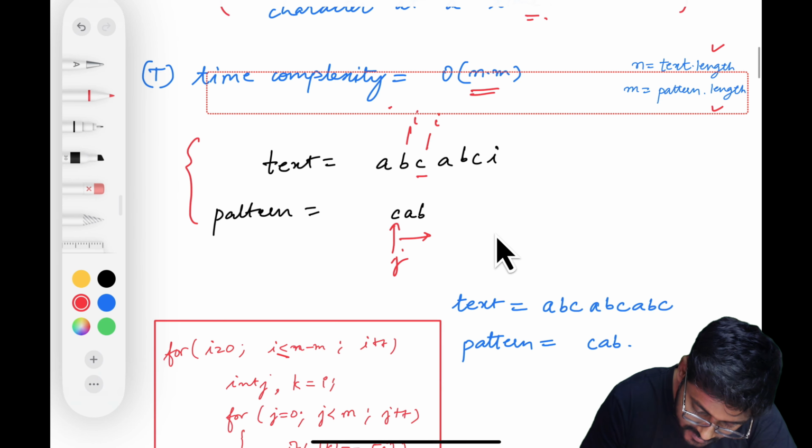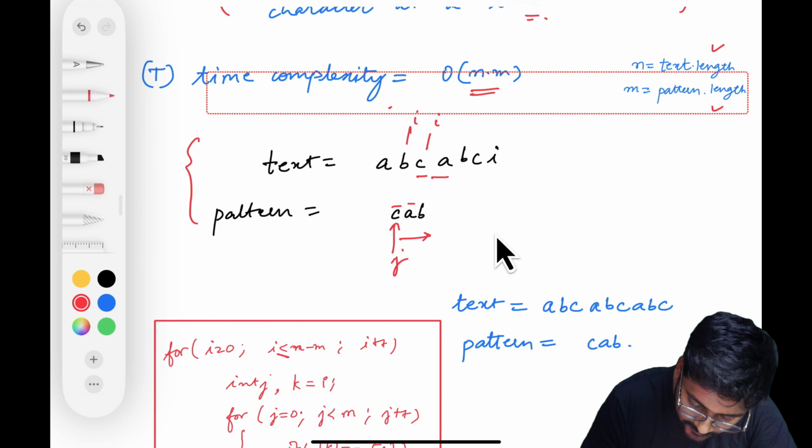If I compare C with C, it is matching. A with A, it is also matching. Again, we are incrementing the pointers. B is also matching. Now, if B is matching, my J pointer is going to come to m, which is the length of the pattern.